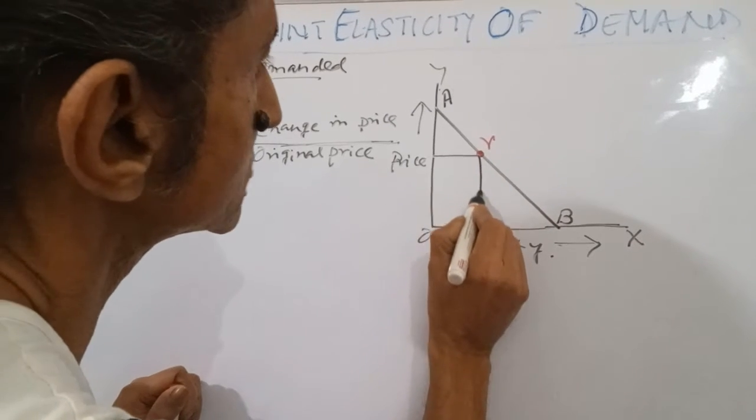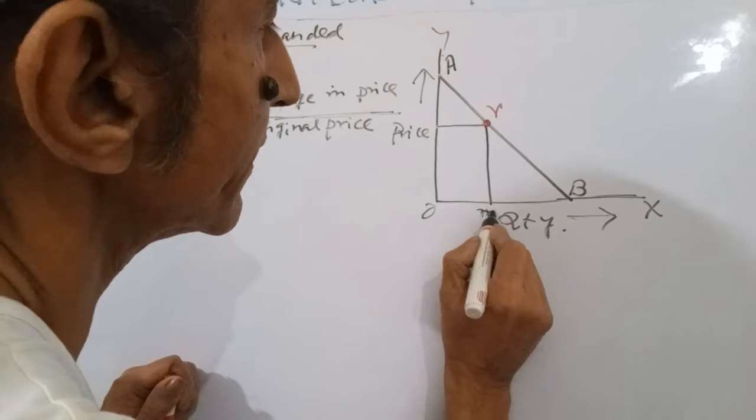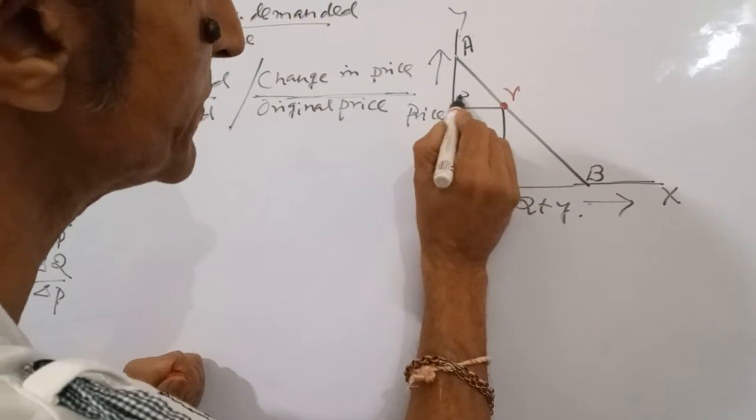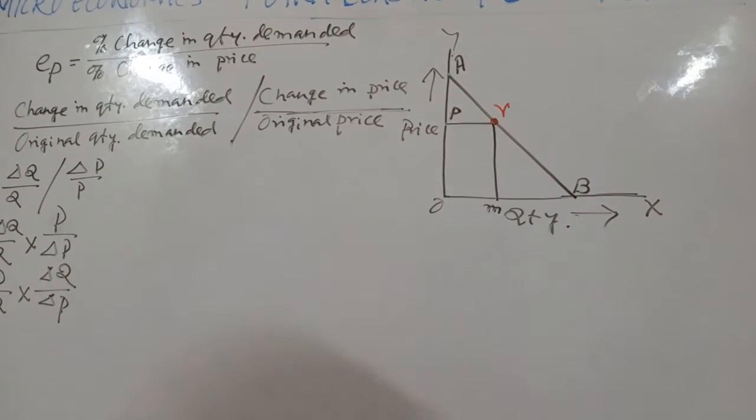the consumer is consuming, say, OM units and price is P. Correct?